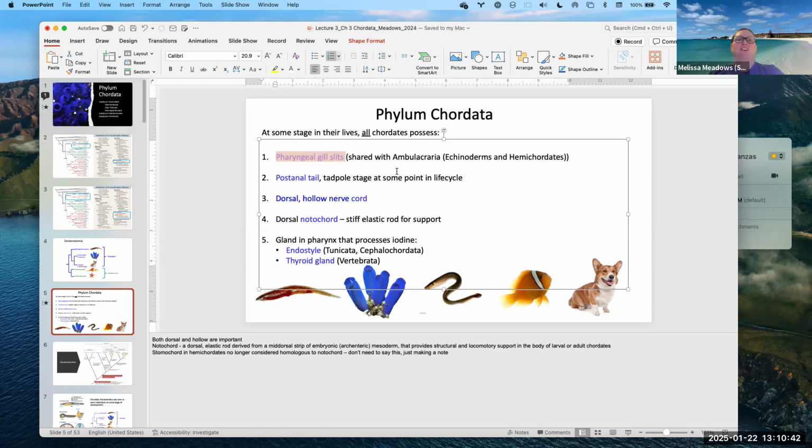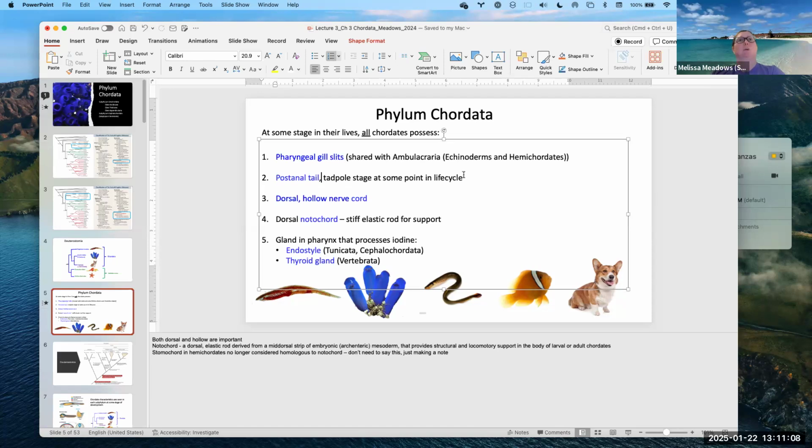So yeah, the pharyngeal gill slits are just going to mean that there's some kind of slits that may or may not lead to some kind of respiratory structures that are located in the pharynx, which is just your throat, right? So pharyngeal gill slits, a post-anal tail.